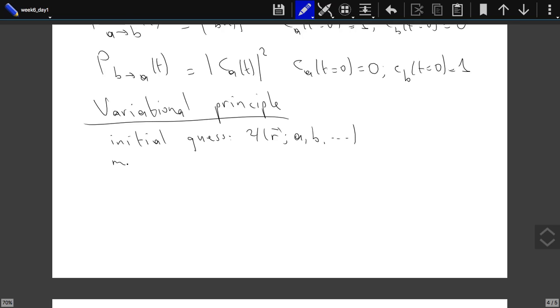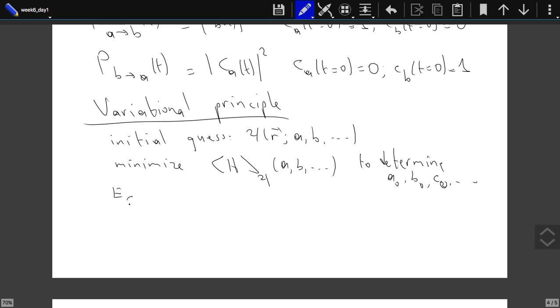And then the matrix element, the expectation value of the Hamiltonian in the state psi, which of course will also depend on your parameters, and you determine A0, B0, C0, etc. Then the ground state energy is less than or equal to the expectation value of H in psi(A0, B0, C0).